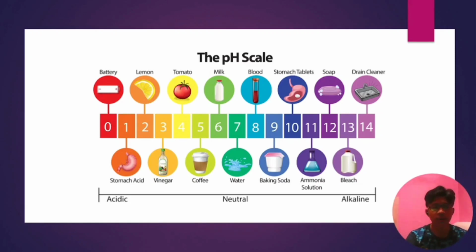The formula is the same for alkali. When it is near to 8, it is called weak alkali. When it is nearer to 14, it is called a strong alkali.